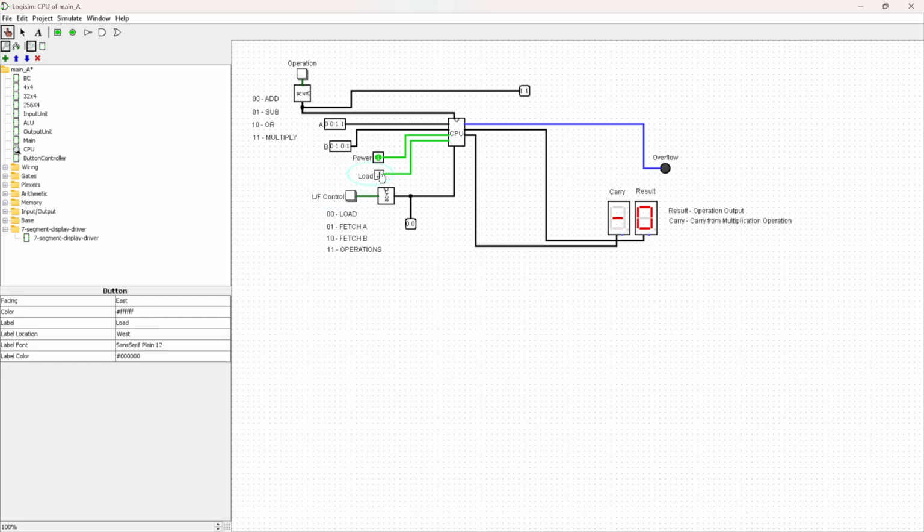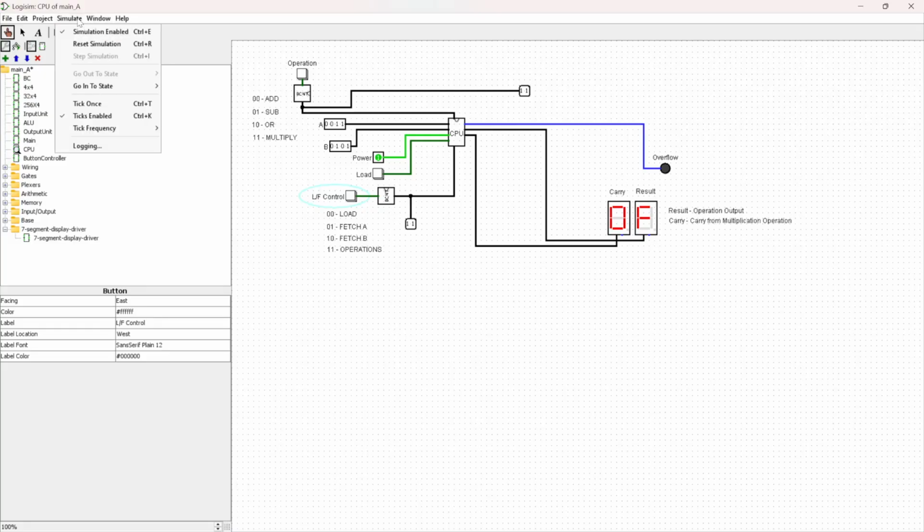Okay, load. Okay, first 3 times 5 equals to 15, in the unsigned is F. So it will output F.